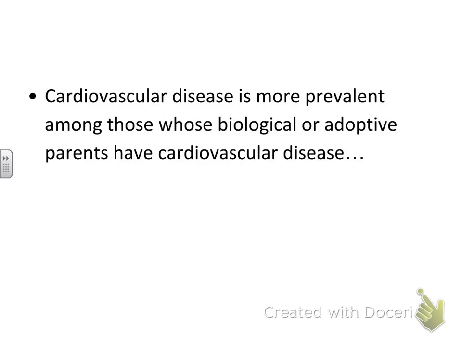Okay, the last point that I want to make, if you read this, cardiovascular disease is more prevalent among those whose biological or adoptive parents have cardiovascular disease. So what is the point that I'm trying to make here? All right, so if we think about this, is cardiovascular disease something that is genetic, or is it not something that is genetic?